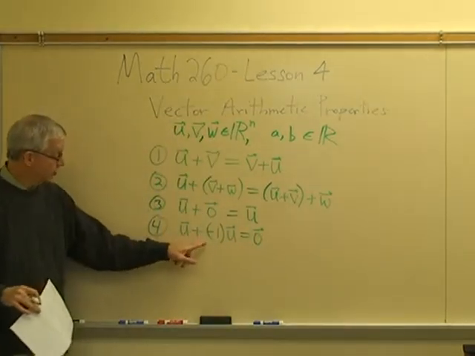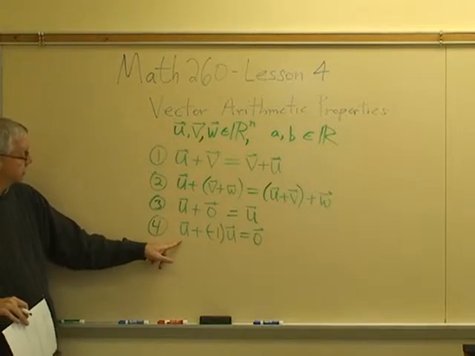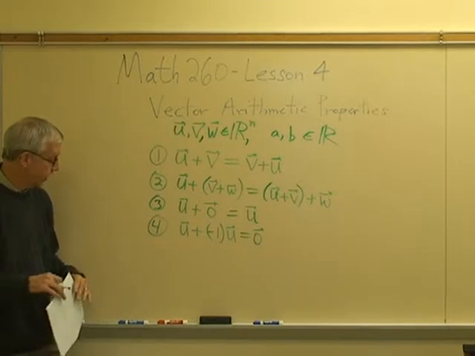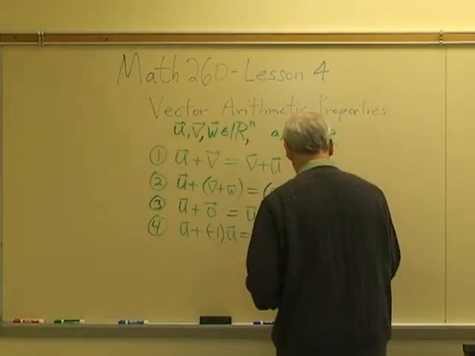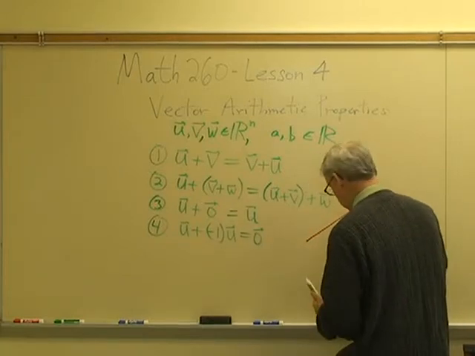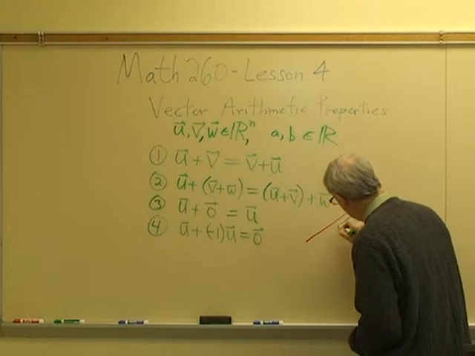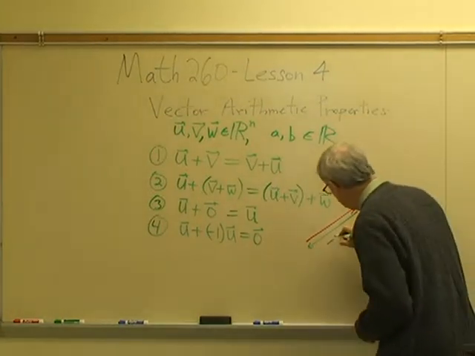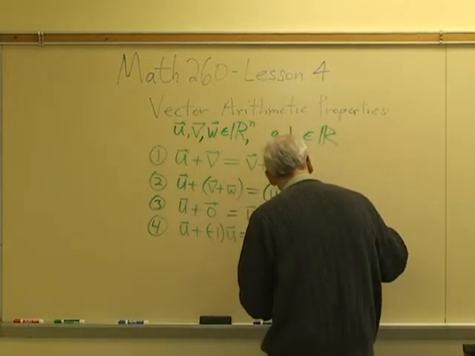We say that -1 times U is the additive inverse of U. Because remember, this points in exactly the opposite direction. So geometrically, what am I doing? I'm taking the vector U, and I'm adding the vector negative U. So of course I end up where I started. And we always start at 0.